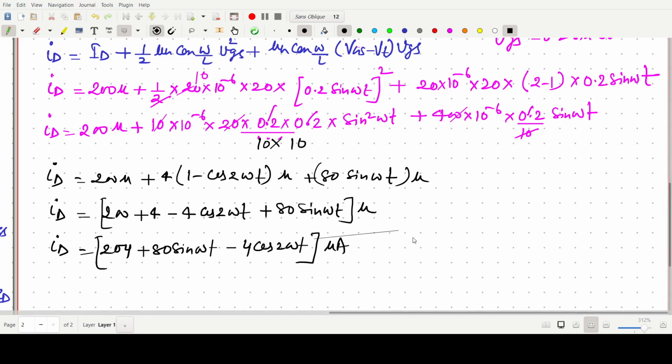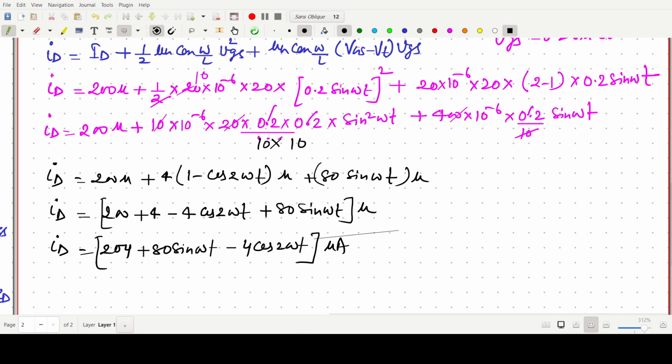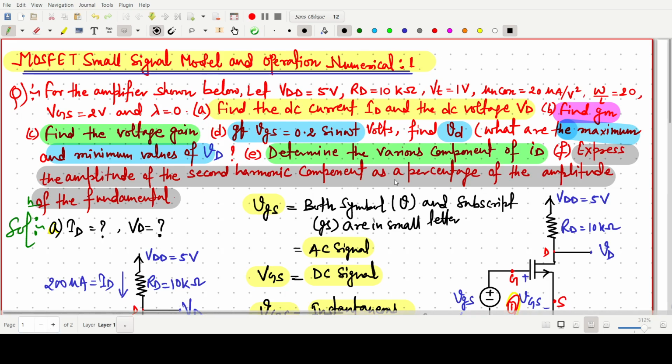Okay, ID component. So now in the question also we have to determine the various components of ID. So we have to find and express the amplitude of the second harmonic component as a percentage of the amplitude of the fundamental one.